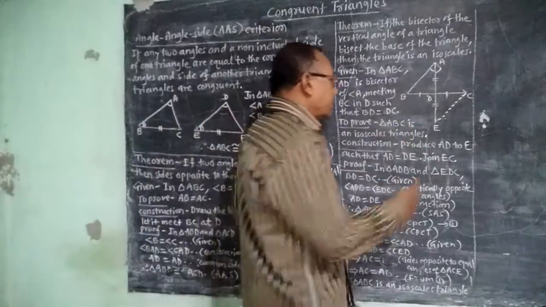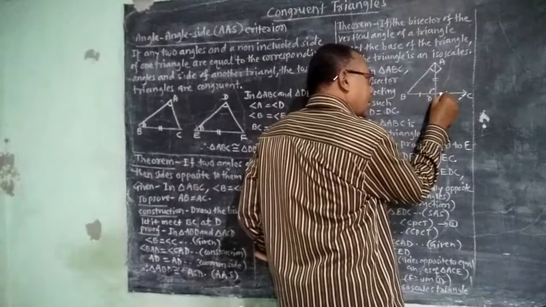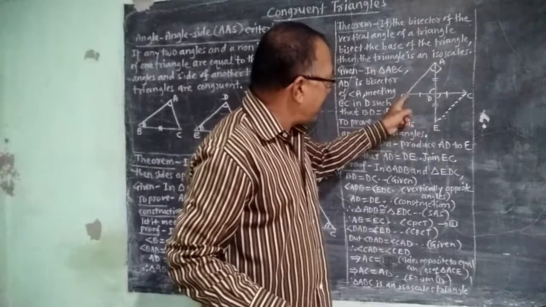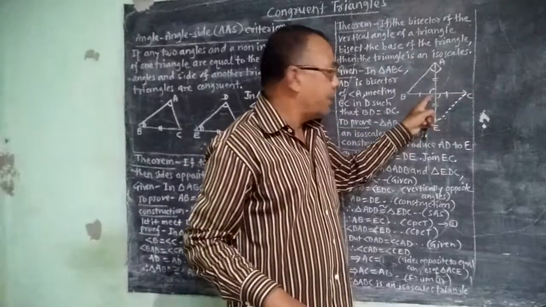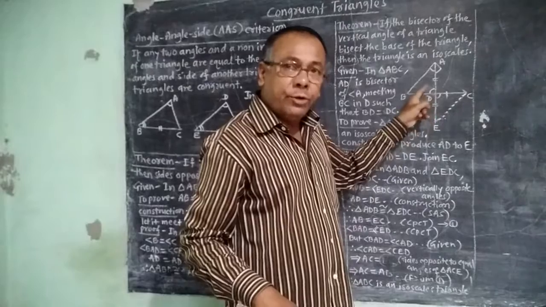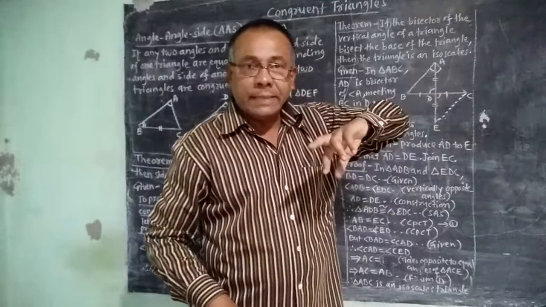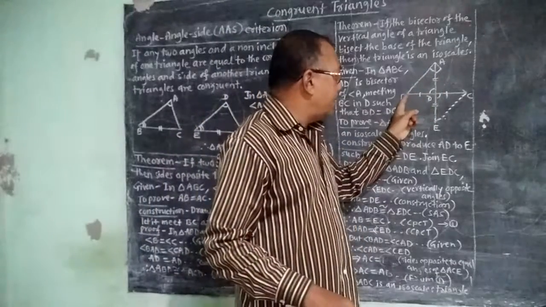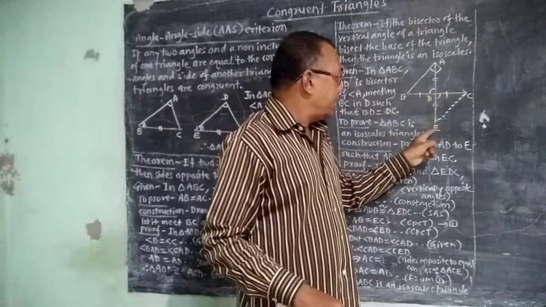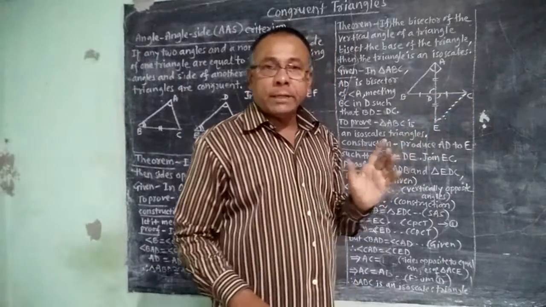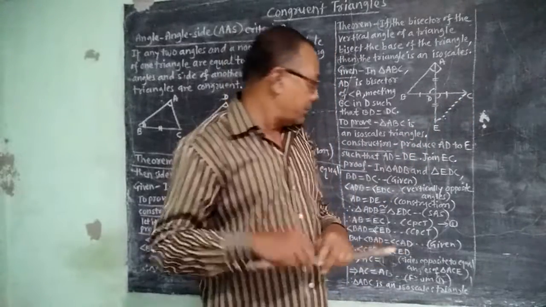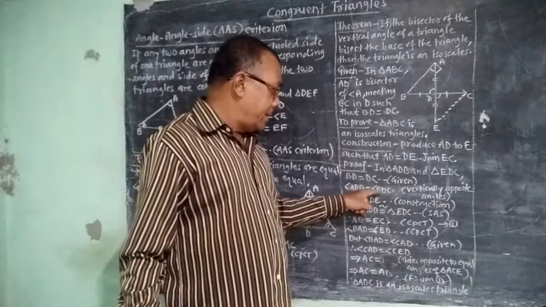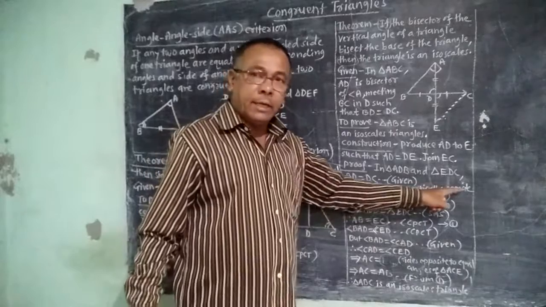Then this angle and this angle. We know that line AE and line BC are intersecting each other at D, and due to the intersection of the two lines we get vertical opposite angles, that is ADB and EDC, and we know that vertically opposite angles are always equal. So angle ADB is equal to angle EDC, which are vertically opposite angles.